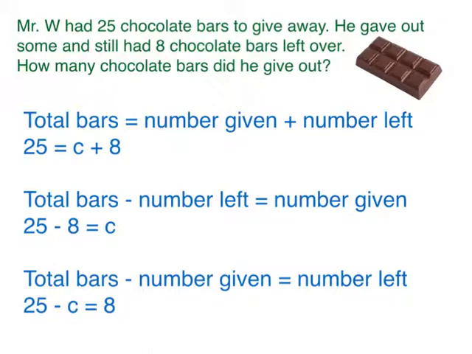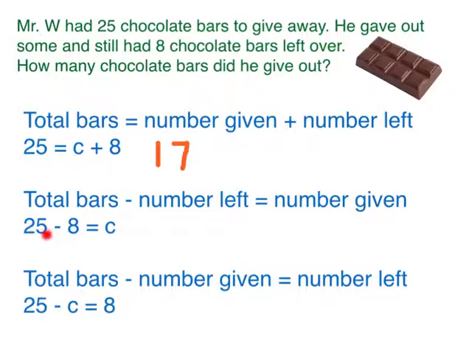So pause the video and see if you can solve the problem. What does C equal? How many chocolate bars did Mr. W give out? So if we use the first equation, you could say something plus 8 is equal to 25. Well, if we do the math, we can figure out that 17 plus 8 is equal to 25.